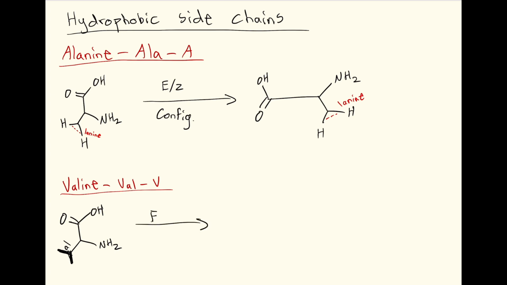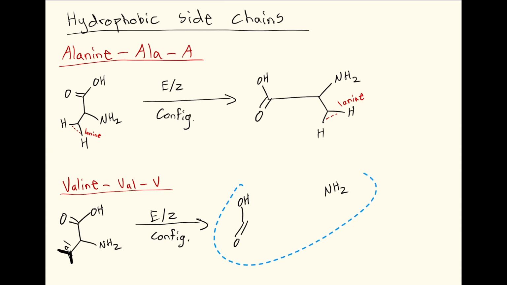Now we're going to do the easy config. So now we're going to do it again, the same structure. I'm going to draw it the other way now. And then you have an OH, or the same way. And then you put your NH2. Oops. Erase that. I'm going to redraw this to make it simpler.